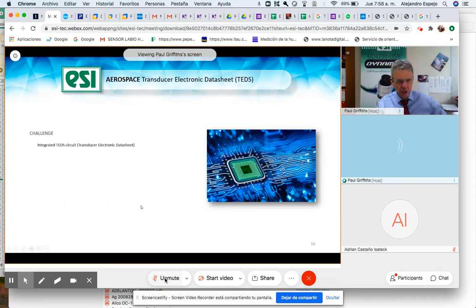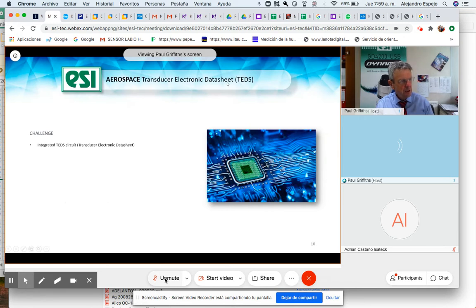Now, the other challenge, apart from reliability and accuracy and resistance to overpressure and cycling, is that at the very last minute, they asked if we could fit a TEDS circuit. You may or may not have heard of this, transducer electronic data sheet.